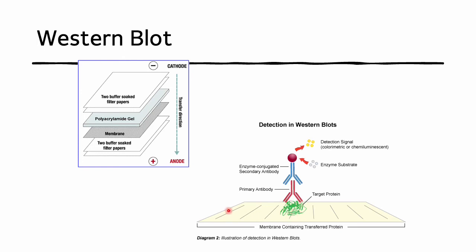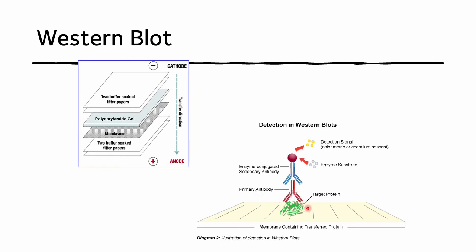There are going to be millions of proteins here, and we want to see a specific protein. To see the specific protein, we use antibody. For example, if we want to see GAPDH, which is a glycolysis enzyme, we use a primary antibody detecting only GAPDH.